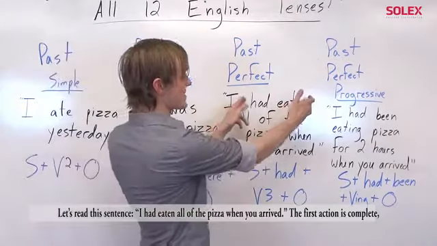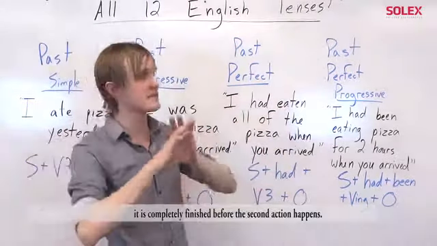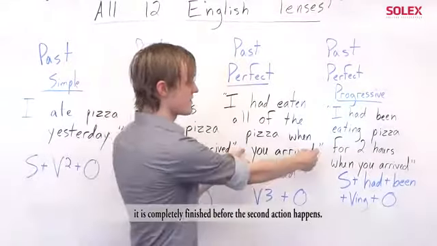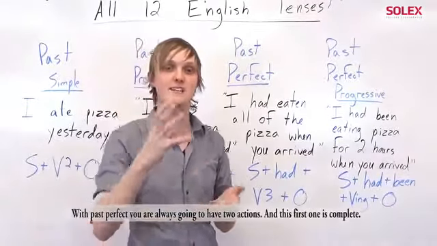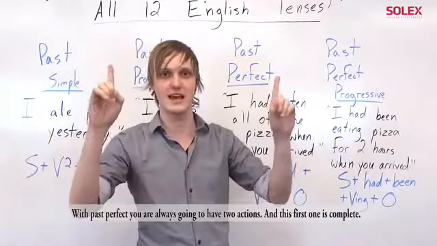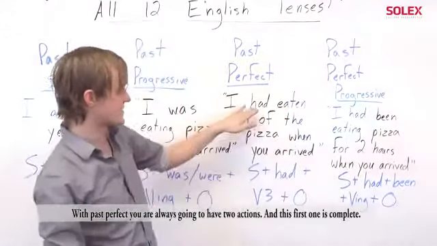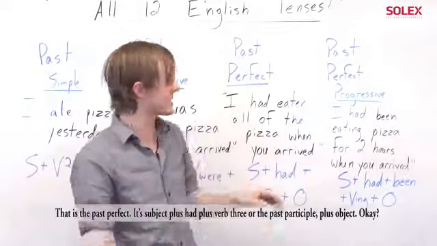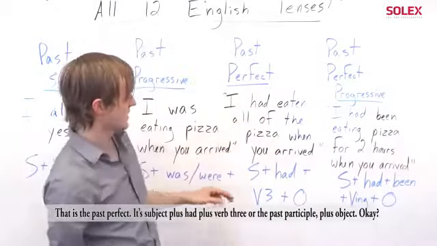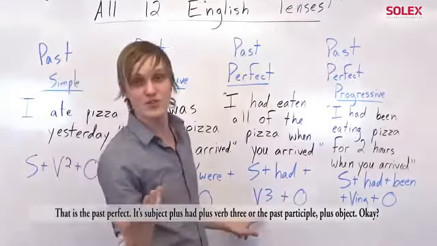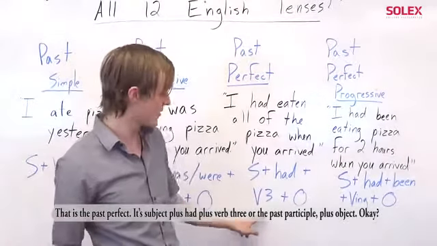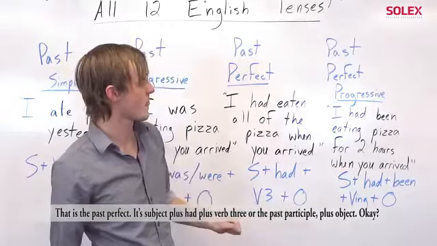The first action is complete. It is completely finished before the second action happens. With past perfect, you are always going to have two actions, and this first one is complete. That is the past perfect. It's made by subject plus had plus verb 3 or the past participle plus object.